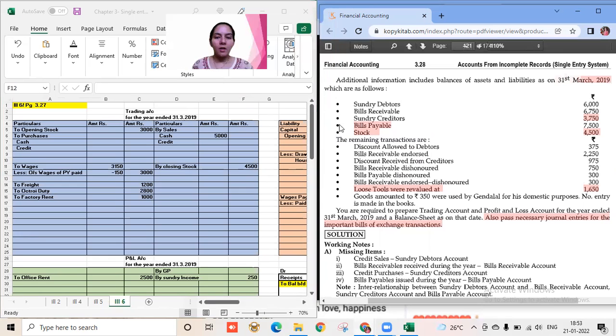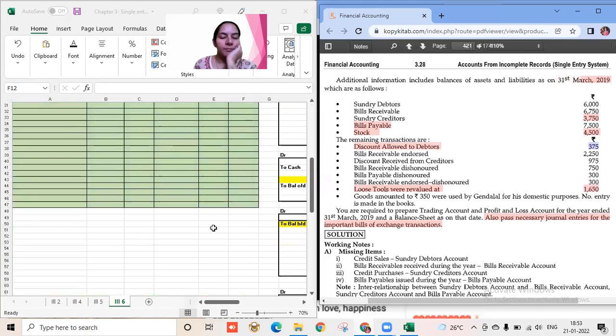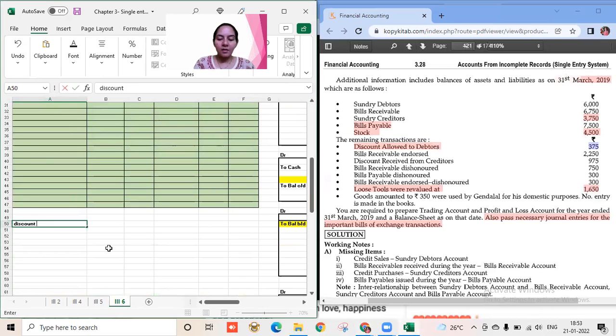Yes ma'am. Okay, first information: discount allowed to the debtors. So how much discount did we allow to the debtors? 3,750. When we allow the discount to the debtors, what is the journal entry? Discount allowed account debit, right? Don't pass it in the journal because it is not related to the bills. Discount allowed account debit to debtors account.